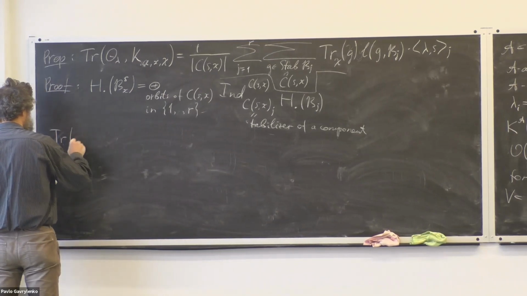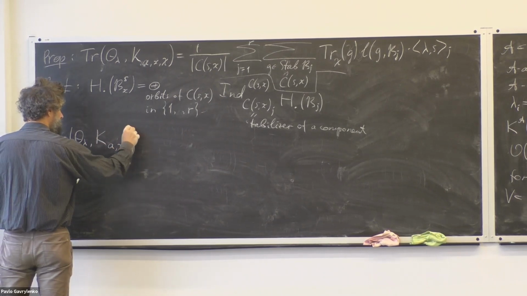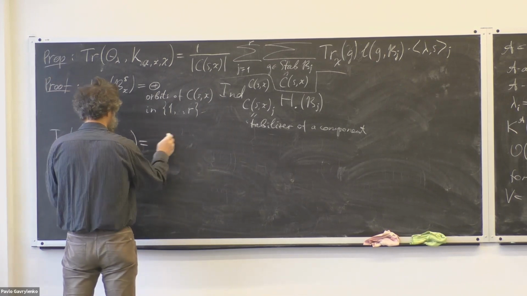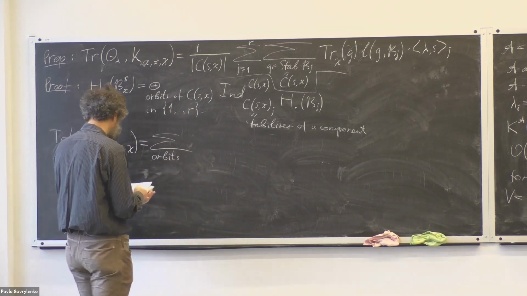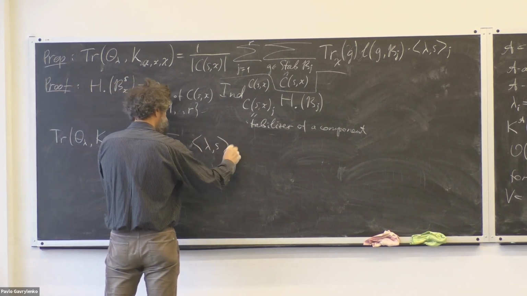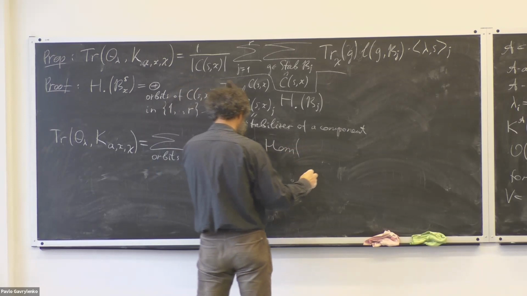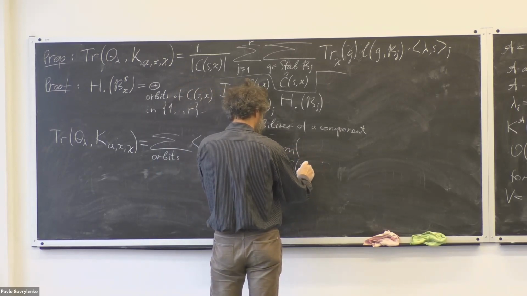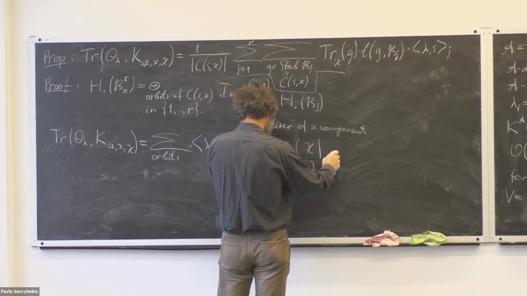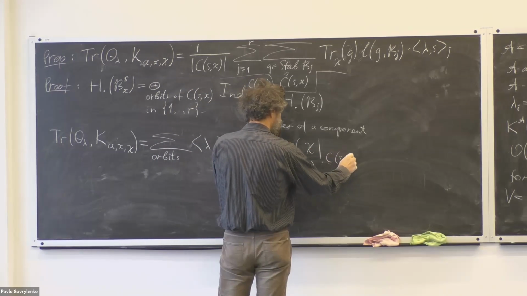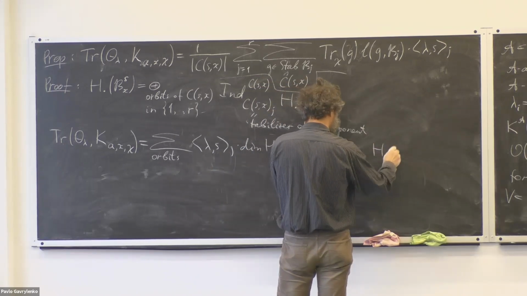So the trace of theta_lambda on the standard module equals the sum over orbits of the component group in the connected components of this pairing times the dimension of Hom over the stabilizer subgroup, of the character chi restricted to the stabilizer subgroup, and the homology of the connected component.